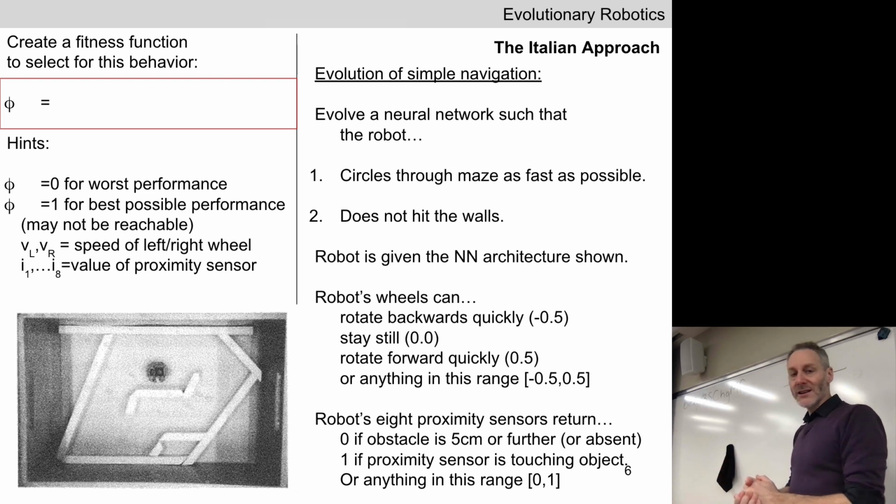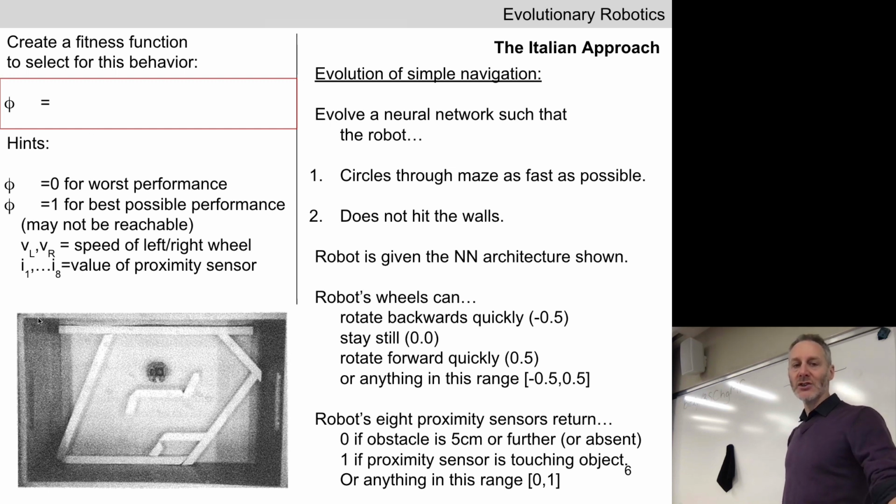Okay. I ended last time by challenging you to think up a fitness function. We're going to use phi for our fitness function here. We're going to try and write down a function of these 10 variables, some combination of these 10 variables. And we want to write down a function so that whatever the values of these 10 variables are, the function evaluates to 0 or near 0 if the robot is doing the worst possible thing.